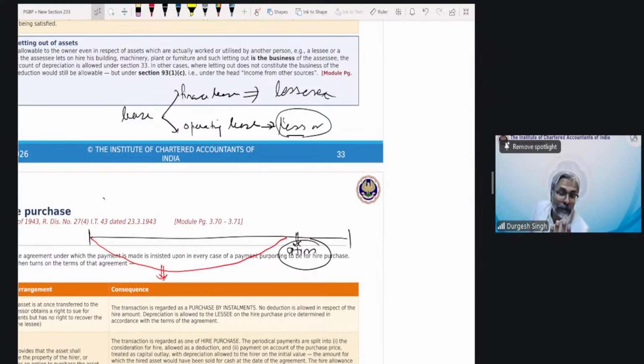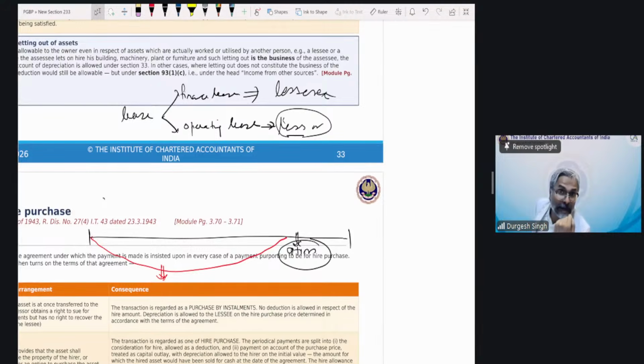And why do I say so? If he wants, the lessor can somewhere in between cancel the lease deed, pay some compensation to the lessee, and take the asset back. So till the time the option of acquiring the asset is exercised by the lessee, it is the lessor who has the overall control over the asset.